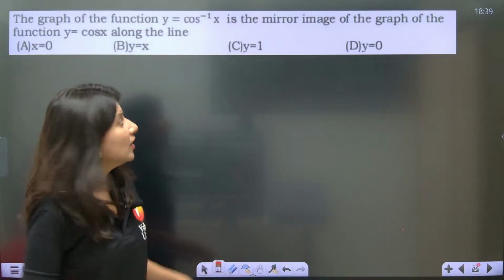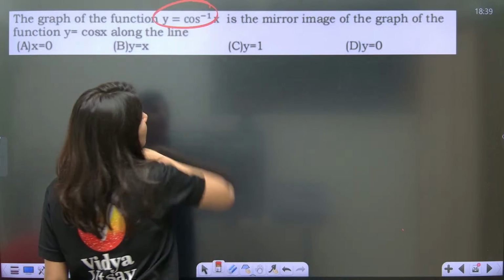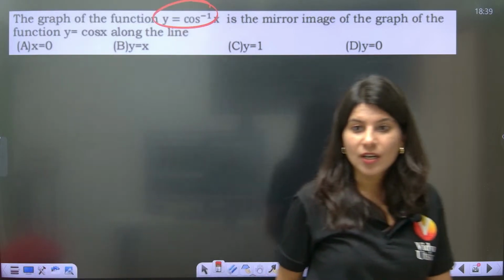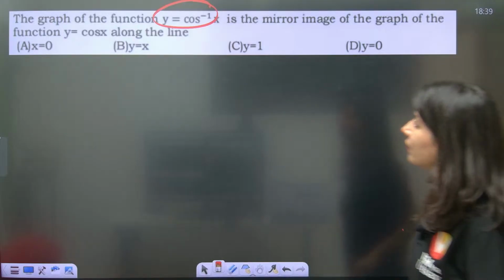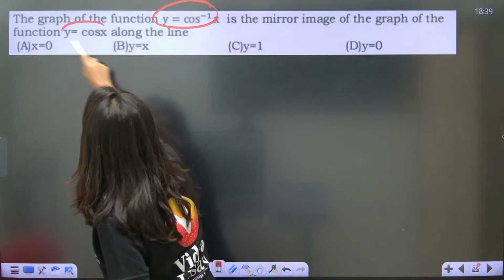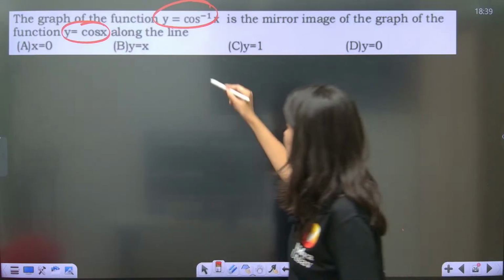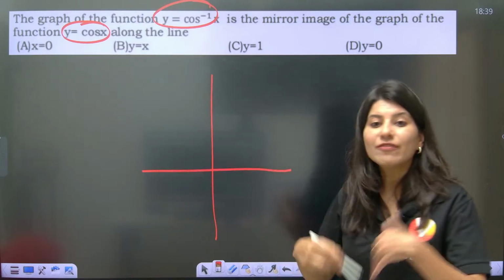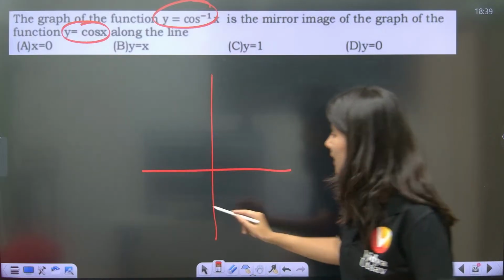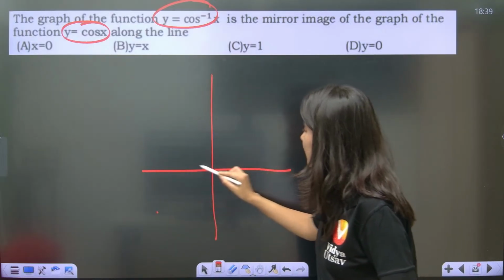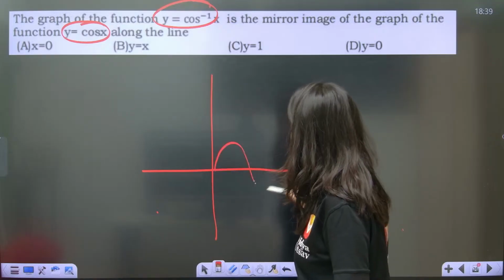The graph of cos inverse x is the mirror image of the graph of the function y equals cos x along which line? Basically the question says, suppose there is a function, suppose cos x.